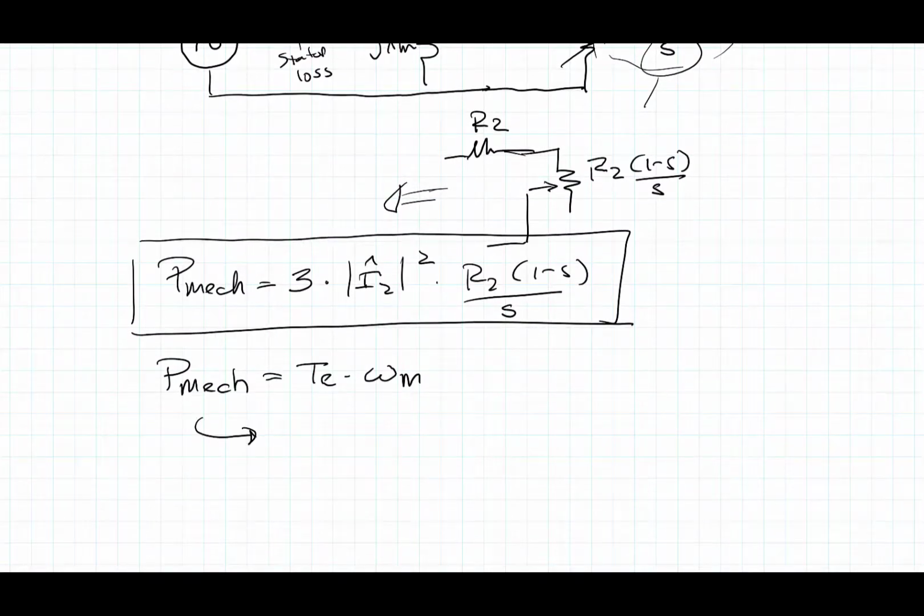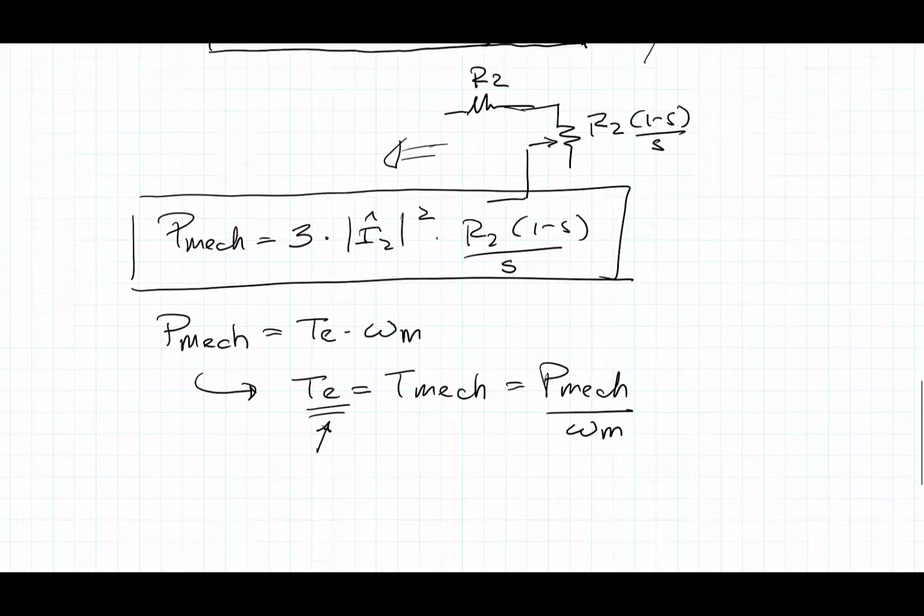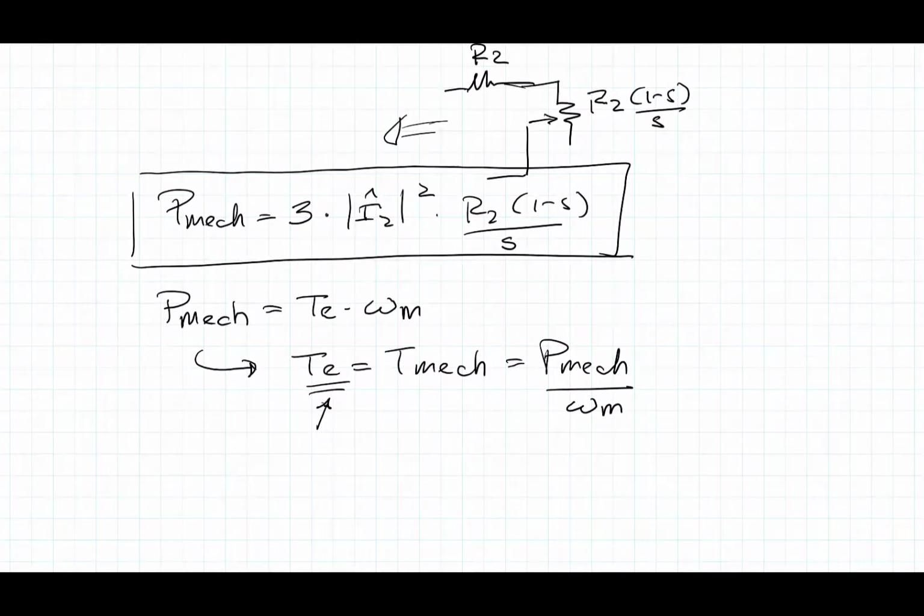So if you rearrange this, the electrical torque applied to the shaft, or you could call this T mechanical, but this is the common term that we've been using for the other motors, T subscript E, that's going to be P mechanical divided by the mechanical speed. So let's plug that in and find an expression for torque.